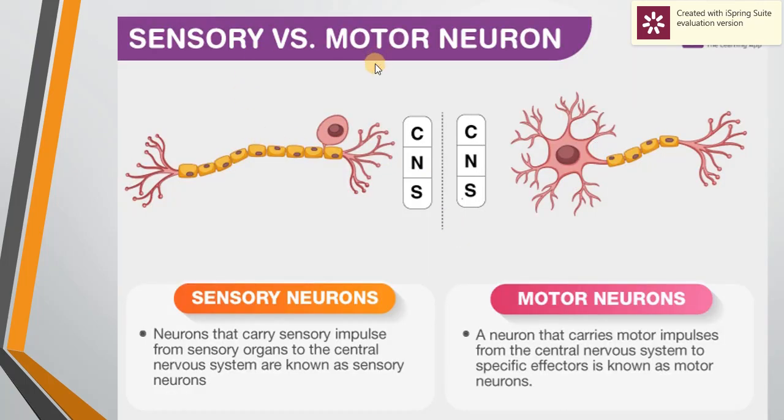So we have two types of neurons, the sensory neurons and the motor neurons. Sensory neurons take the impulses from the sense organs and send them to the nervous system. The motor neurons take the impulses from the central nervous system to the effector part, sending them to the muscle or gland or any different part.